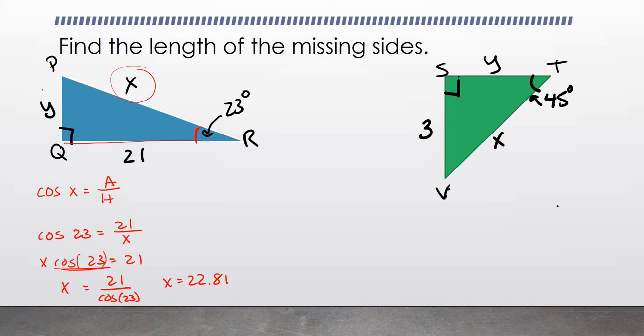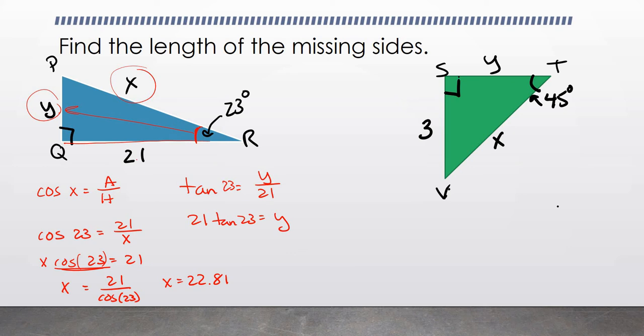What about to find y here? Y is opposite. So I have opposite and adjacent. That's the tangent. Tangent of the angle equals opposite over adjacent. Since my variable's on top, I only have to do one step to isolate. Whoops, I shouldn't have x, I should have 23 degrees because I know my angle measure.